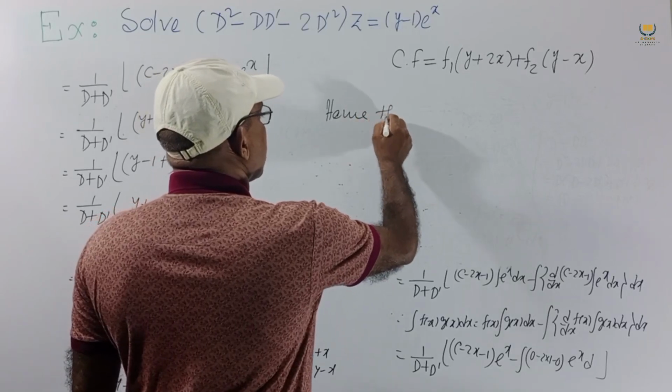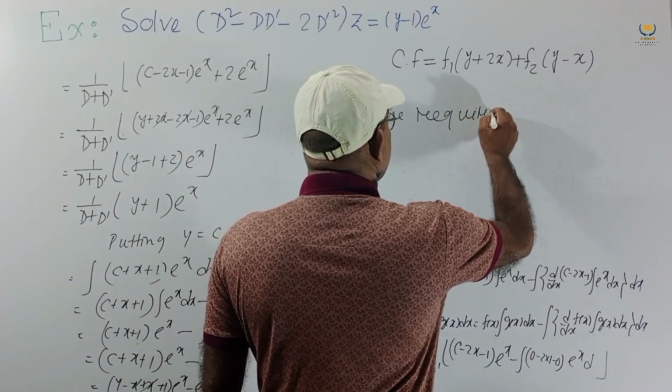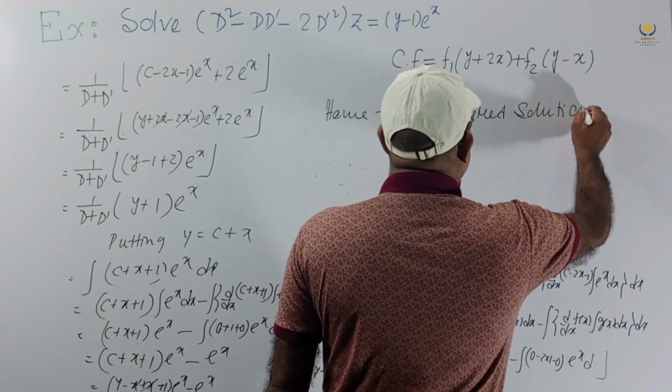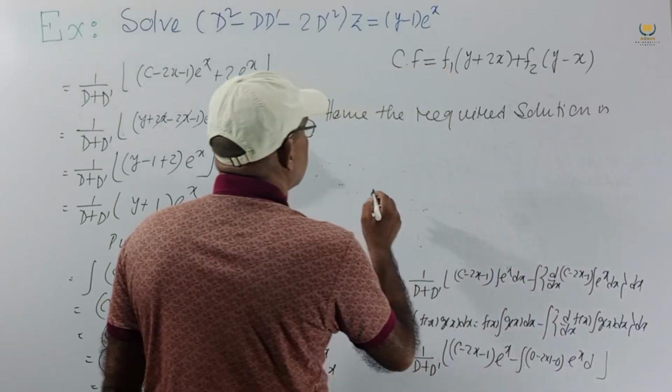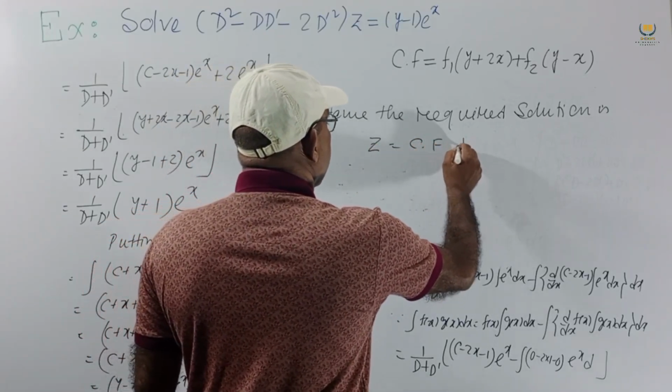Hence the required solution is z equal to CF plus PI.